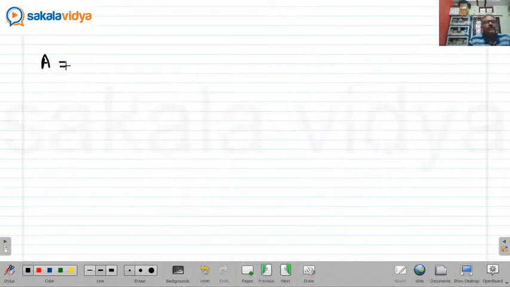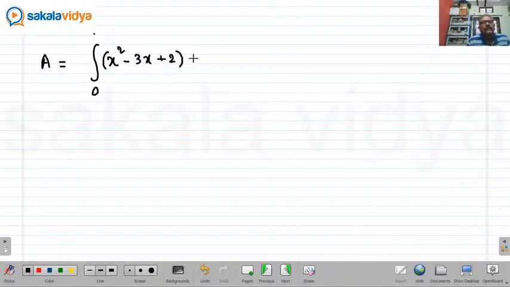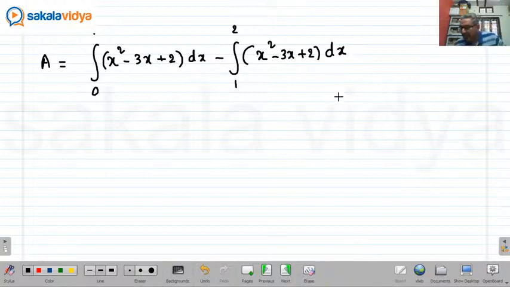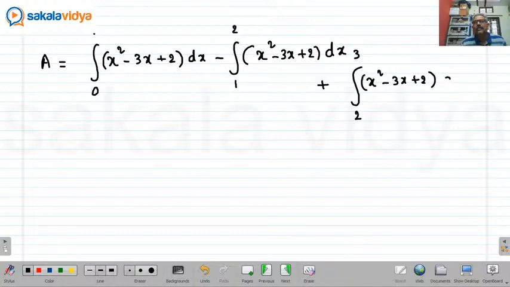Now A equals integral 0 to 1 x square minus 3x plus 2 dx, minus integral 1 to 2 x square minus 3x plus 2 dx, plus integral 2 to 3 x square minus 3x plus 2 dx. This we need to do.